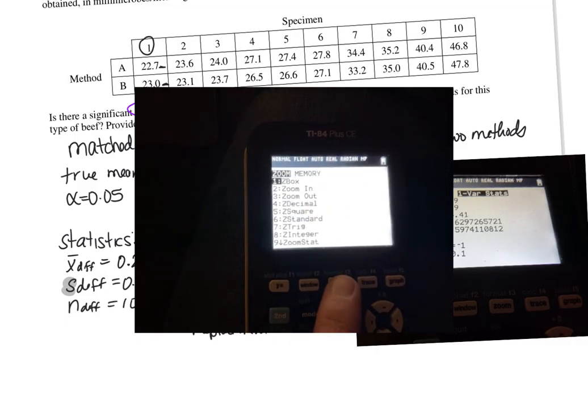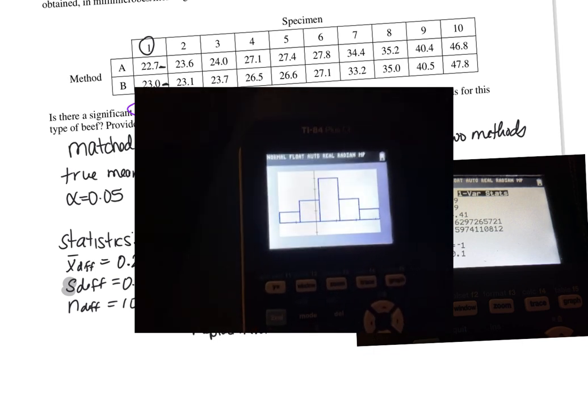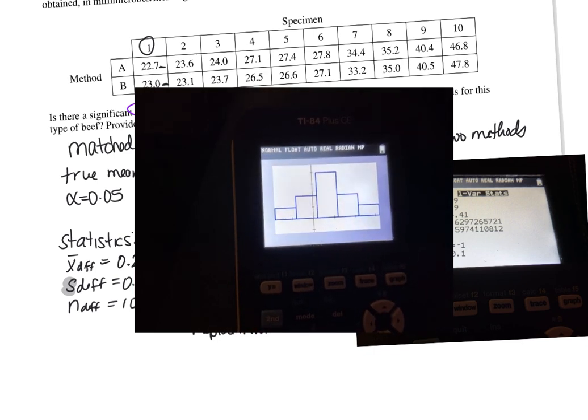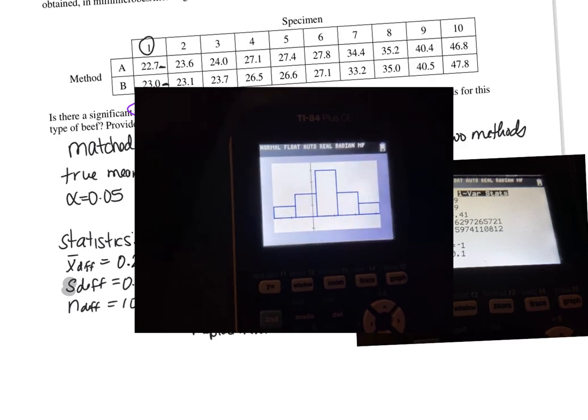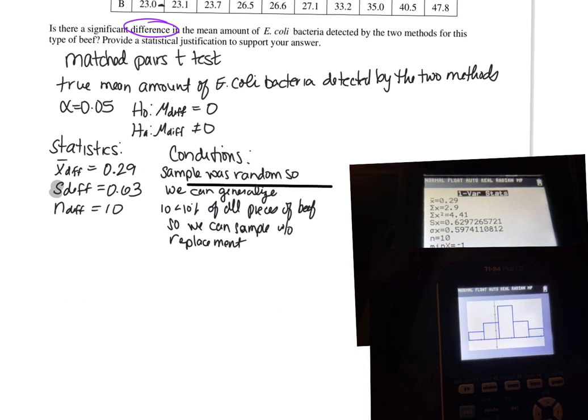That's where my differences are. I'm going to zoom 9. Okay, and there is my histogram. So that shows no strong skew or outliers. So it's nice and symmetric. So the histogram of the data shows no strong skew or outliers.